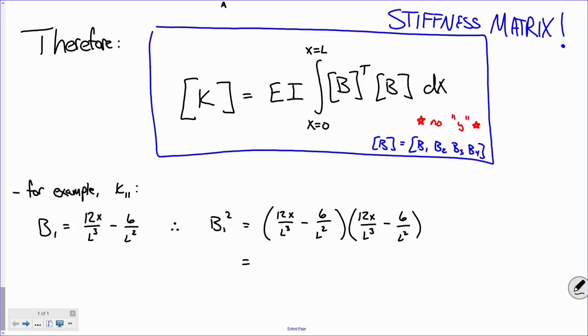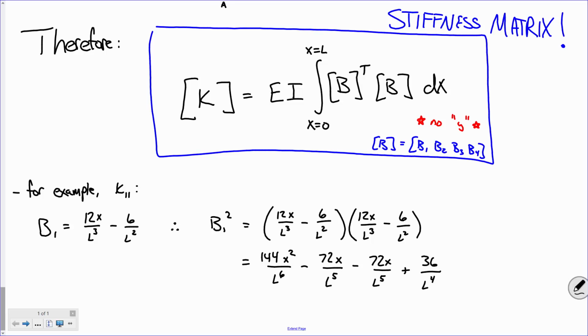So what do we have? The first times the first is 144x squared over L to the 6th, right? Then we have minus, outside is going to be 72 times x over L to the 5th, right? Did I do that right? Minus 72x over L to the 5th plus 36 over L to the 4th, right?